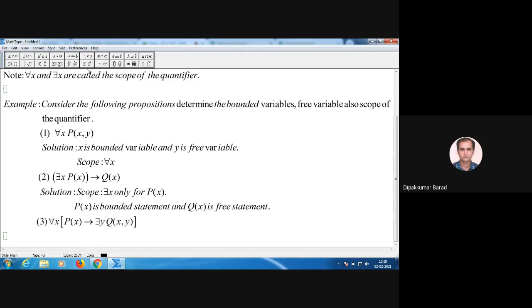So this is true for all x, and q of x implies there exists y such that q of xy. So q implies, for some y, q of xy.